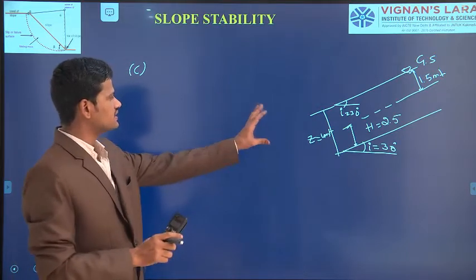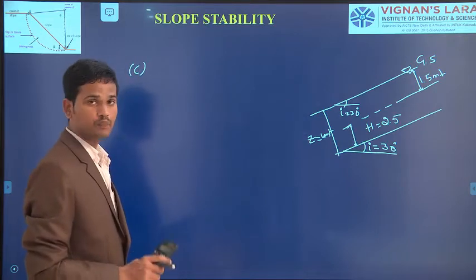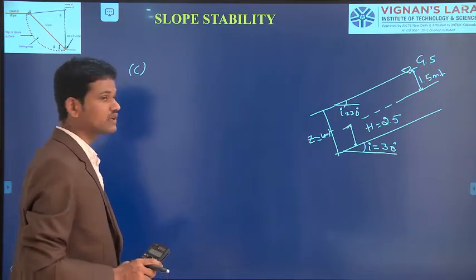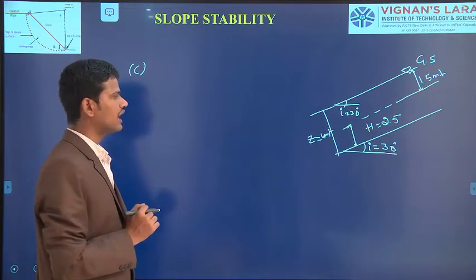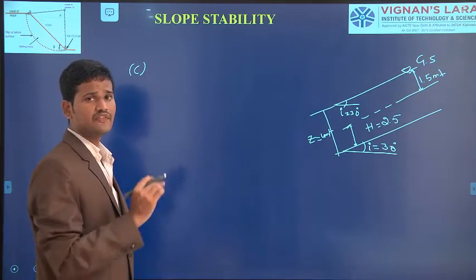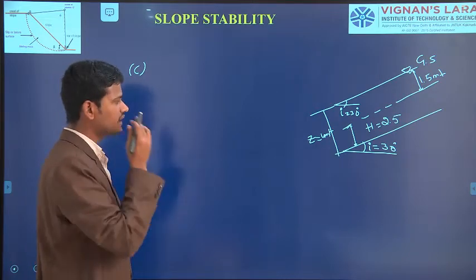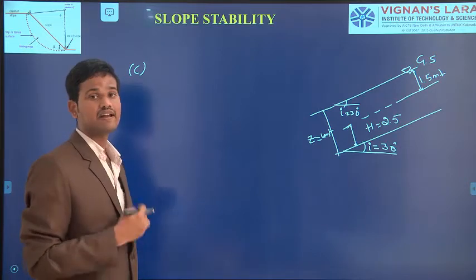Okay, steady seepage condition, that means the water table is present at a depth of 1.5 meters. For this we have to calculate the factor of safety. For this problem we have already derived the factor of safety when the soil mass is in steady seepage. That means we calculate the average unit weight.